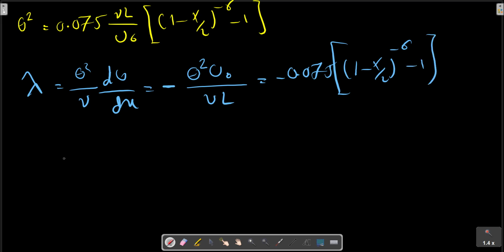This is the dimensionless factor gamma, which is used for gamma separation, equals minus 0.09.